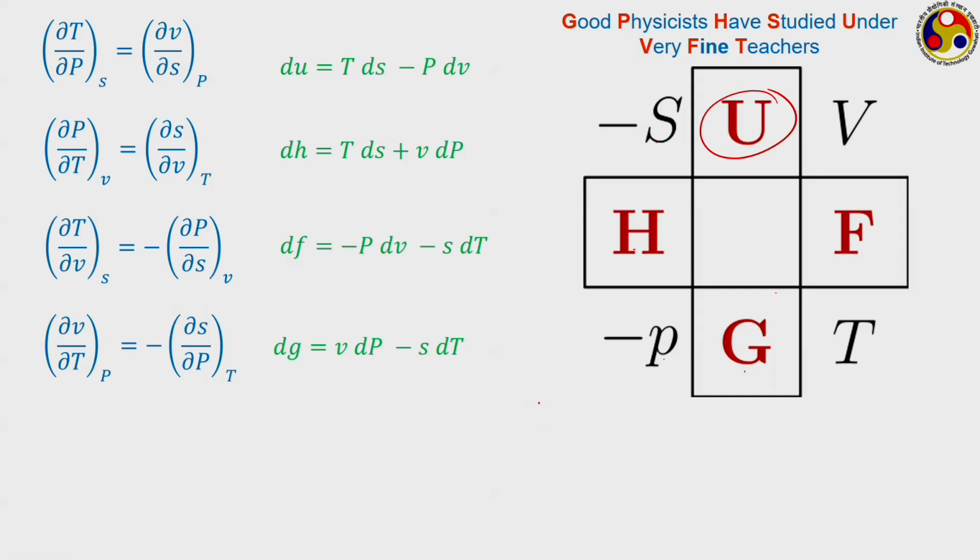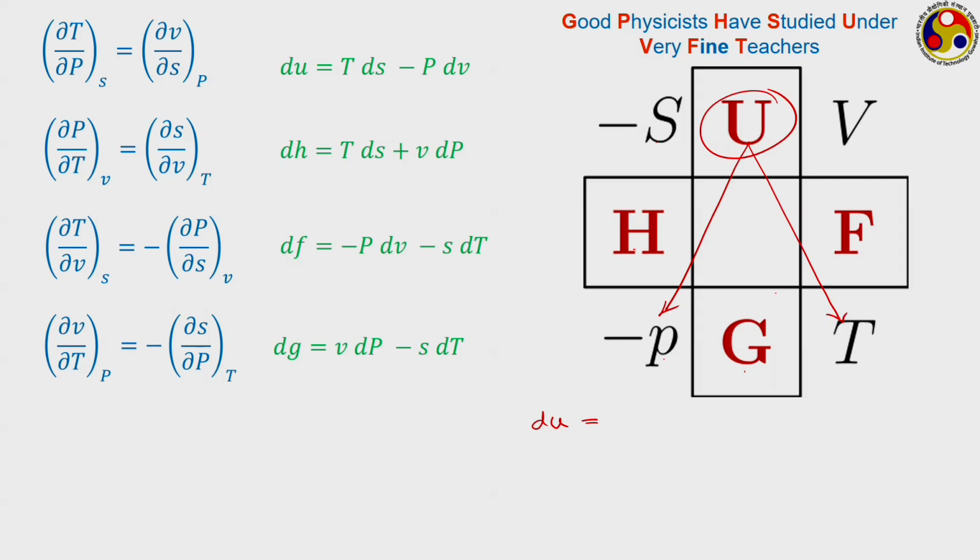To write the expression for the change in internal energy, we have to see the two corners opposite to that. Means there are two variables on either side of the U. Do not look at that, look at the other two corners, this one and this one. These two will be the coefficients of the expression.